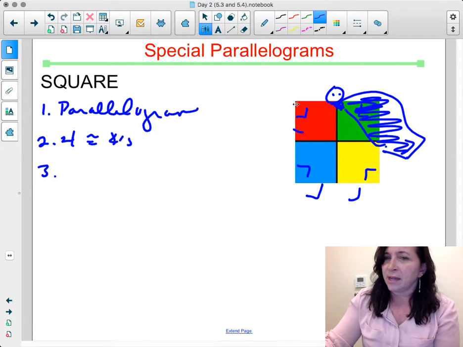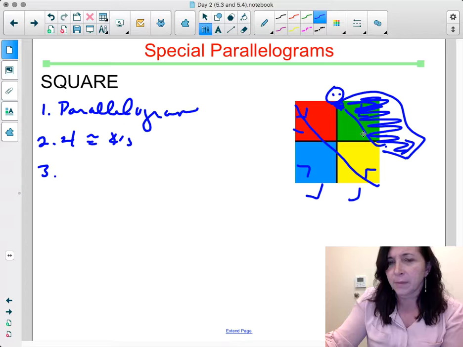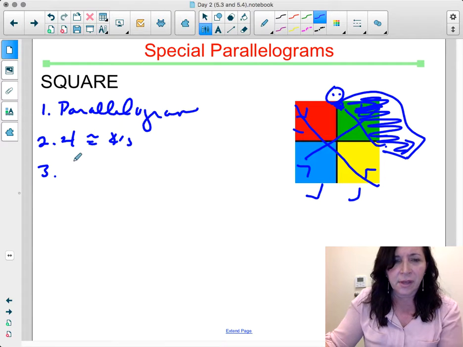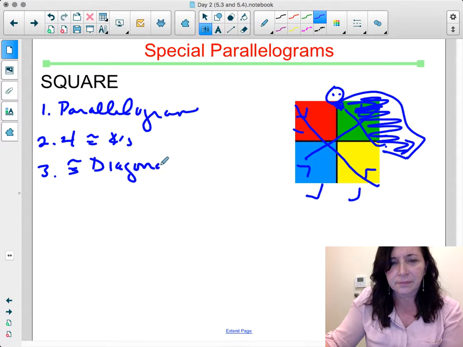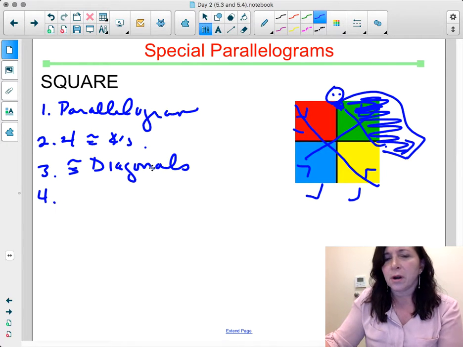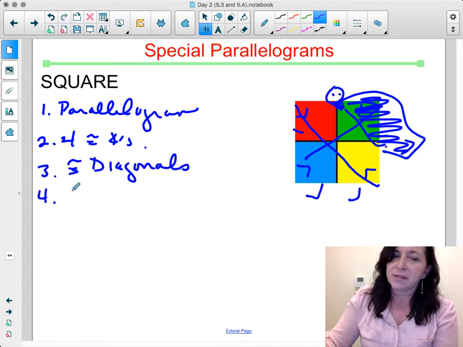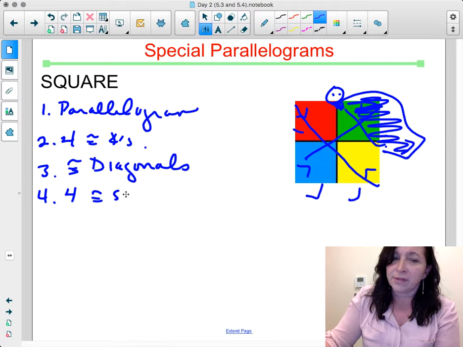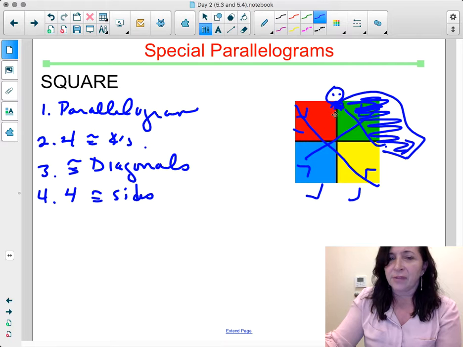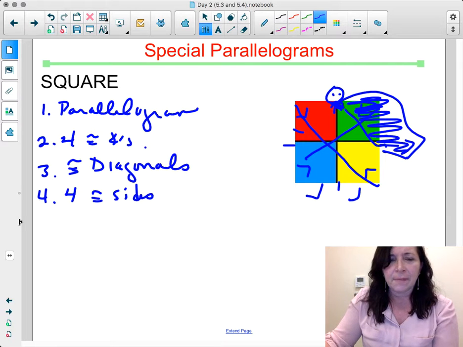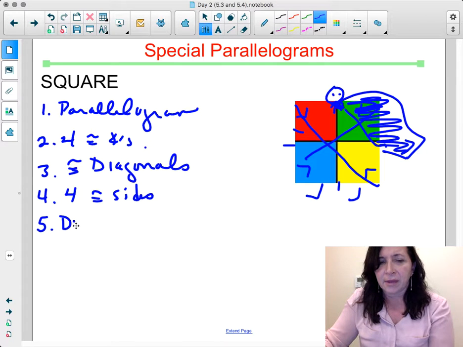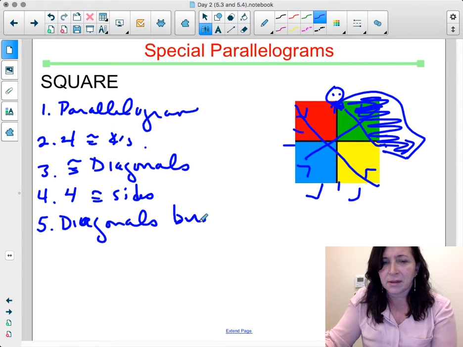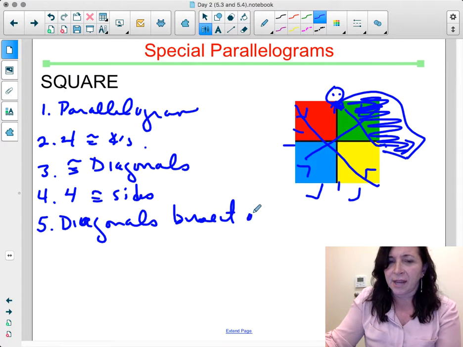Just like a rectangle, it has congruent diagonals. Number 4, just like a rhombus, it has 4 congruent sides. All the sides around are congruent, okay? And also, like a rhombus, the diagonals bisect the opposite angles.